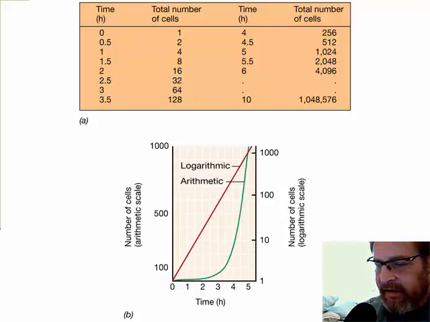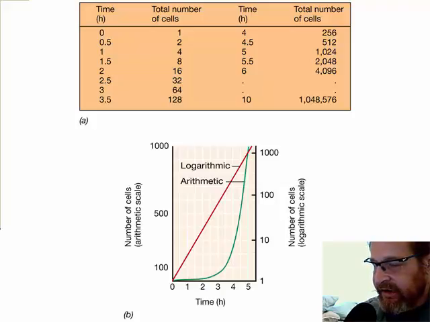So 1,000, 500, 100, and you can see that that green line is an exponential curve. Okay, so as you were increasing the number of cells with time, you're getting exponential increase.